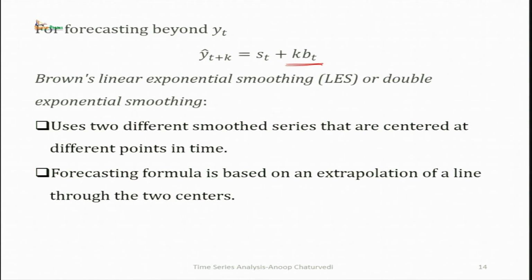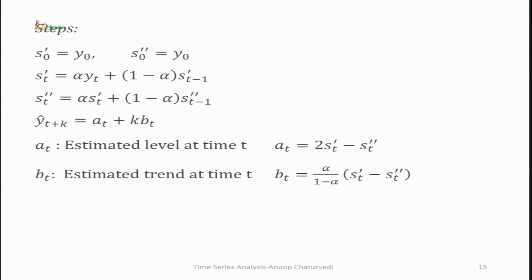Then Brown's linear exponential smoothing or double exponential smoothing procedure. This uses two different smoothed series that are centered at different points in time. Then the forecasting formula is based on an extrapolation of a line through the two centers. So, these are the steps for Brown's smoothing procedure.